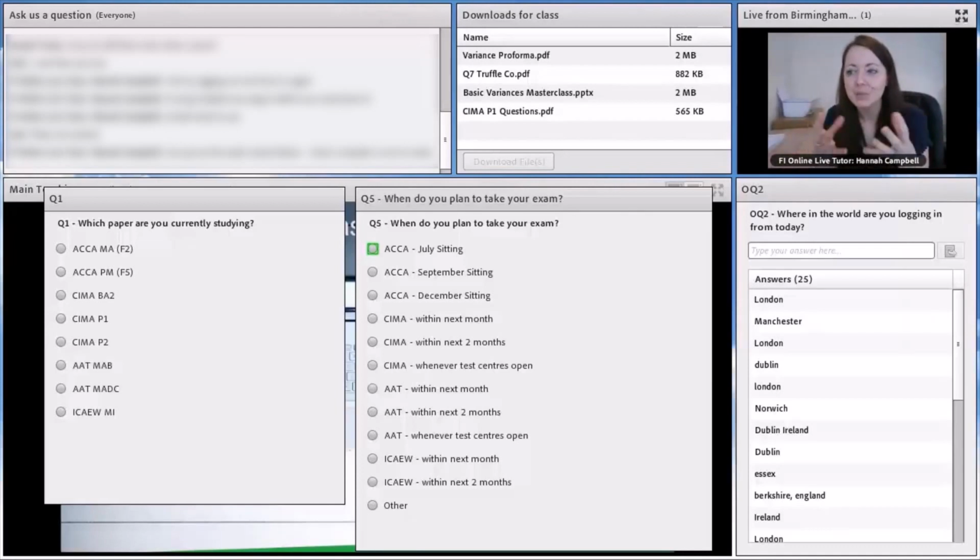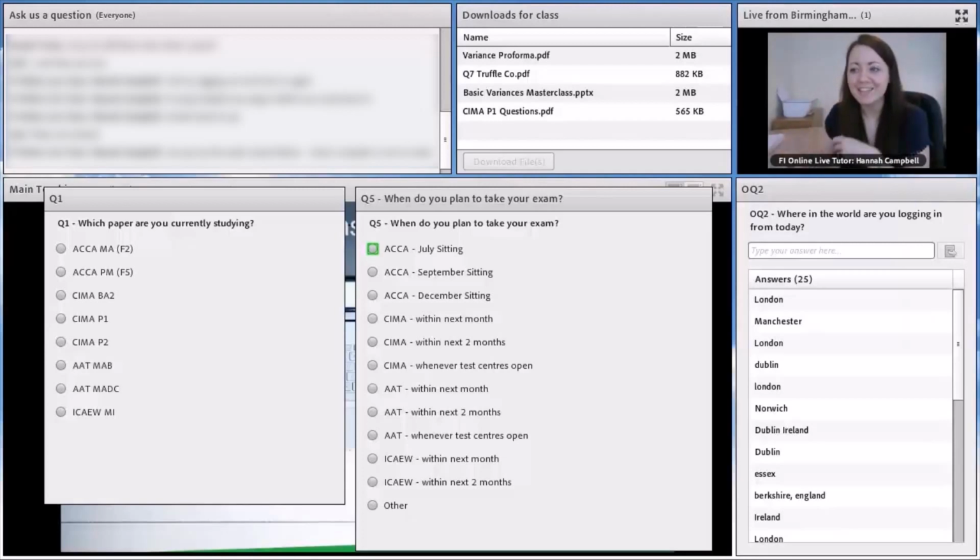So we don't have time to go through the basic variances in a lot of detail because the main focus of the exam will be on those advanced variances. But for example, in order to calculate operational variances and planning variances, you need to know how to calculate the basic variances, because the advanced variances are obviously an adaptation of those basic variances. Okay, so really important.